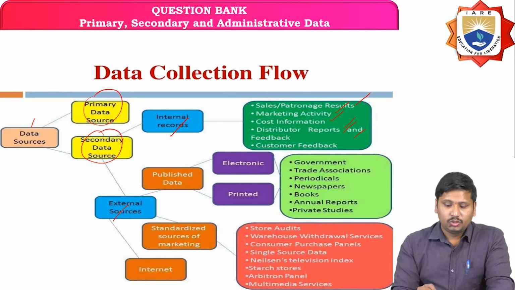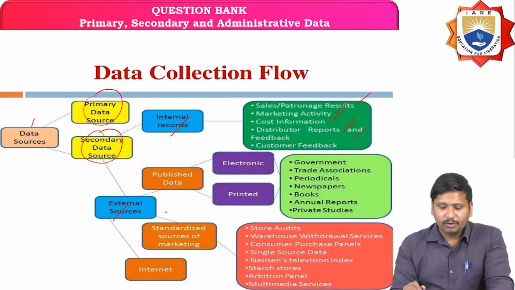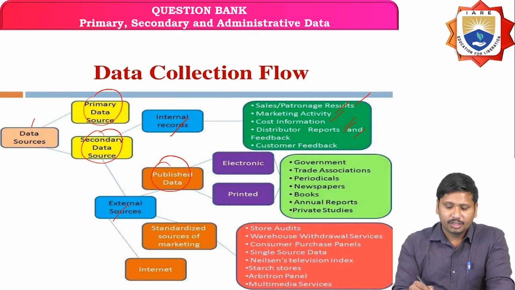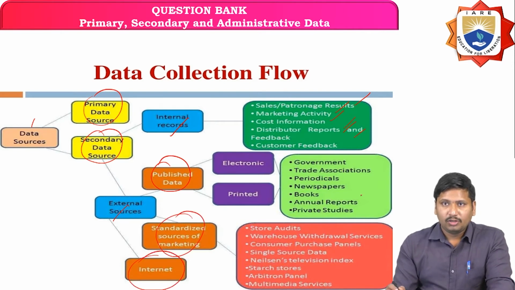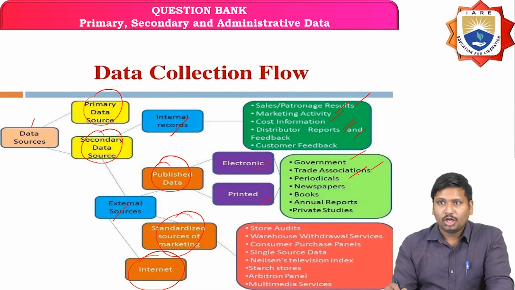Again, the external sources will be of different types, like published data, standardized sources of marketing, and the internet. Published data may be in either electronic or printed mode, from governments, trade associations, periodicals, newspapers, books, annual reports, and private studies.